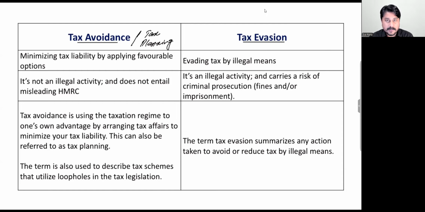From these two terms, the examiner does ask a question in Section A as an objective test question, such as which of the following statements are correct about tax avoidance, or which of the following statements are incorrect about tax evasion. So you must read all of these points. I have guided you and given you an idea of what exactly is meant by tax avoidance and what exactly is meant by tax evasion, right?